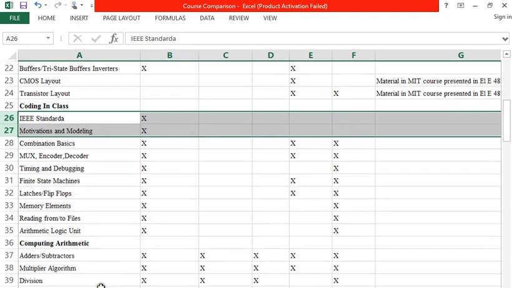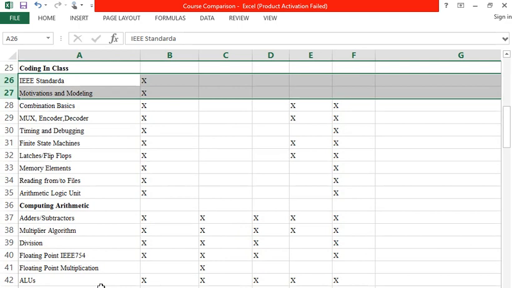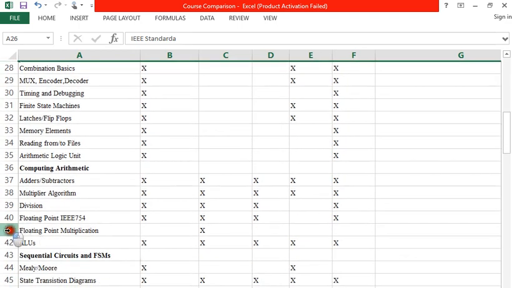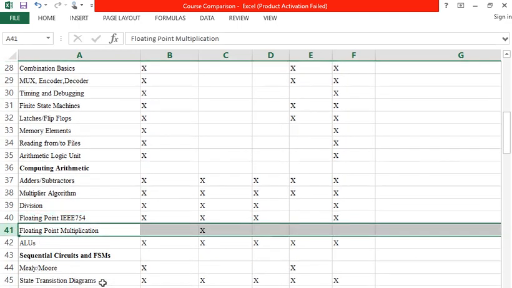And arithmetic logic units, so adders and subtractors. The only thing that I left out, Mississippi State, they cover floating point multiplication in lieu of covering some of this background work. I cut that out for time because you did go over restoring and non-restoring division.